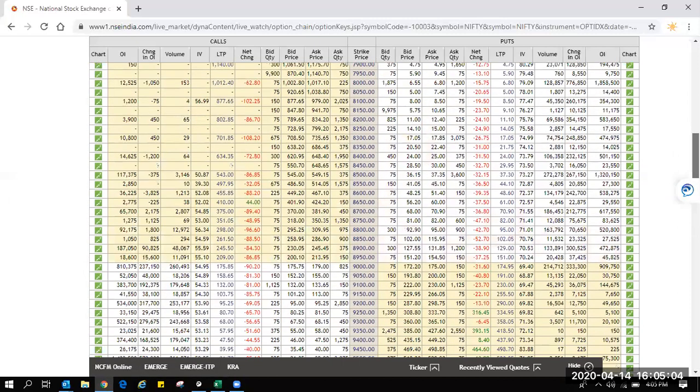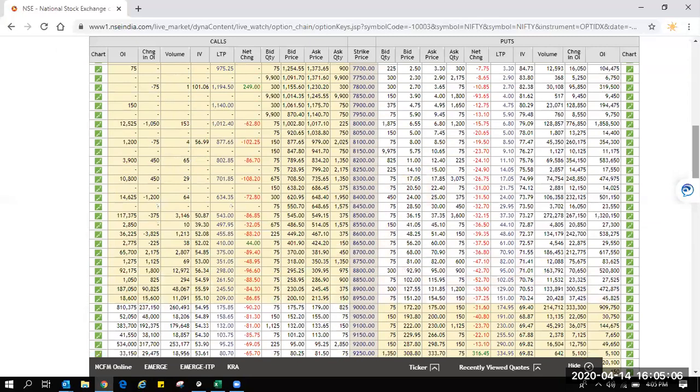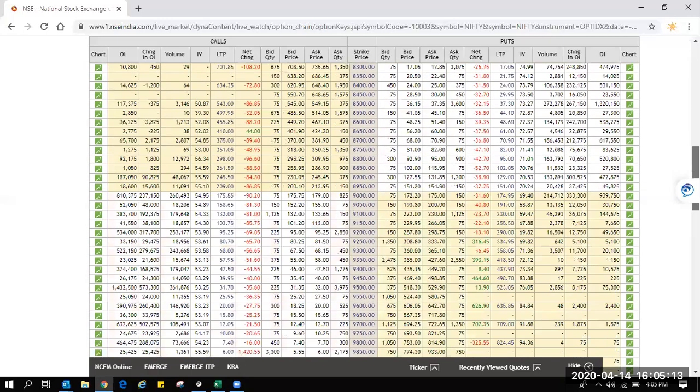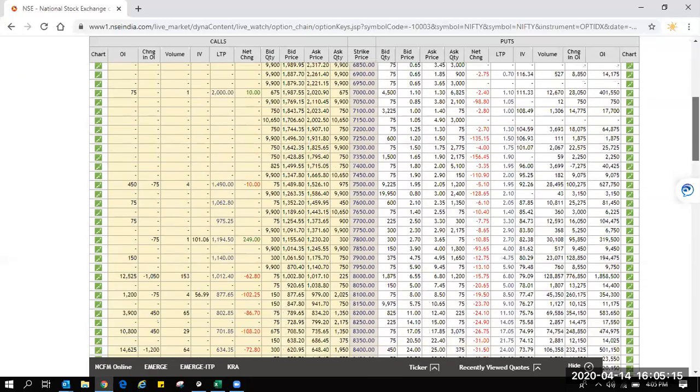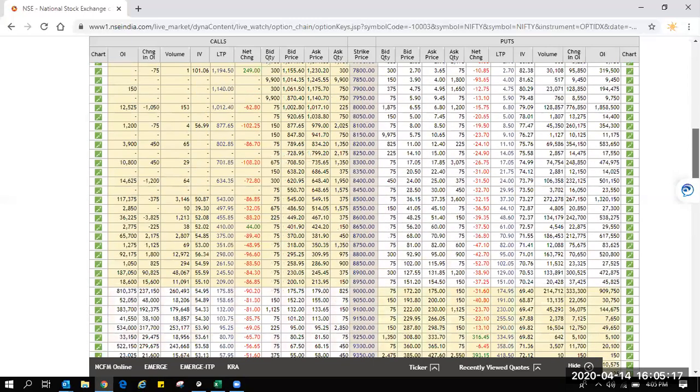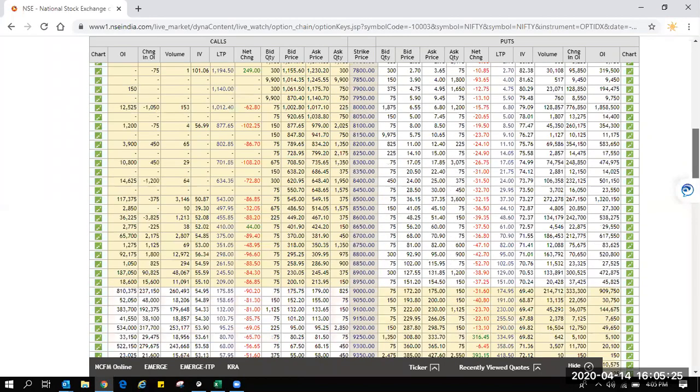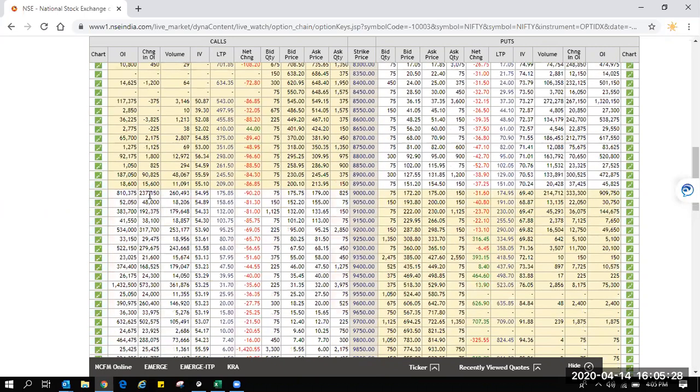Whenever the strikes are in the money, they will be highlighted, and please note this will be highlighted only up to the nearest price. Similarly, if the Nifty is 8993, the 9000 call will not be highlighted. Here you can see 9000 is not highlighted. So that is the first part.